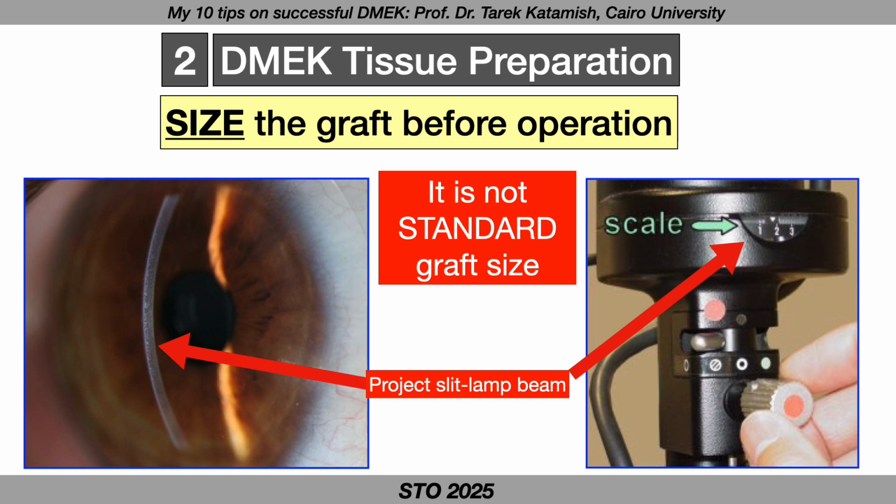It depends upon the patient eye size. So project a slit lamp beam over the cornea and find the length of this beam, according to adjustment to leave about 1 millimeter from the limbus. This will give you the future DMEK graft diameter before surgery.